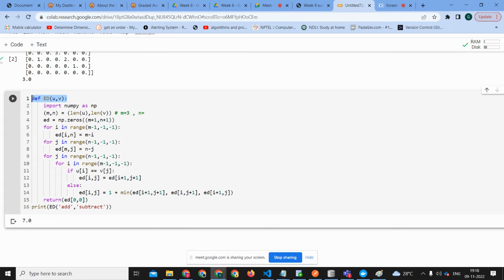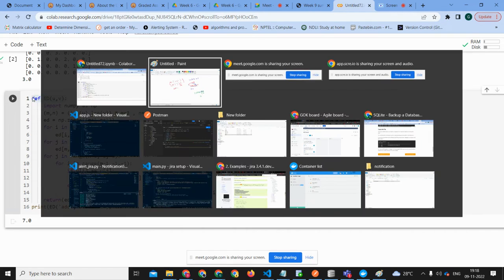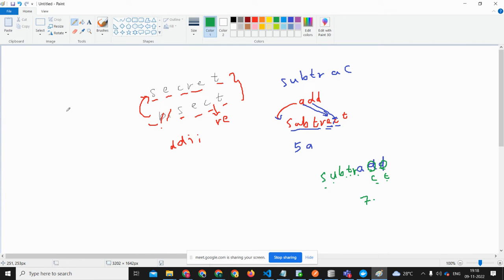Sir, will you please explain what is happening here? I just joined. Right. So we are trying to find out the edit distance. What an edit distance is basically: you're given two different words. One is here, two is there. If you want to convert one to two, so you are given ONE, and they are asking you, I want the word TWO.